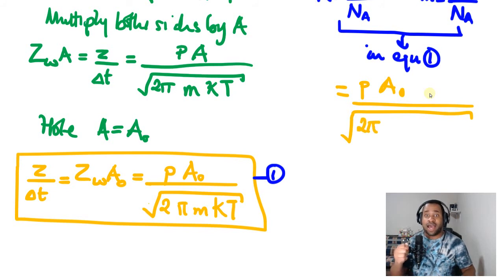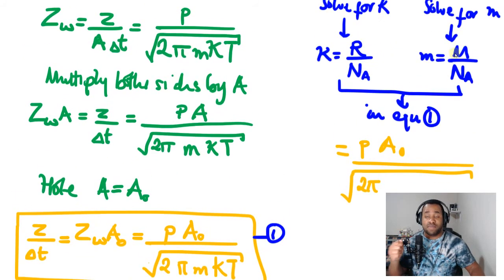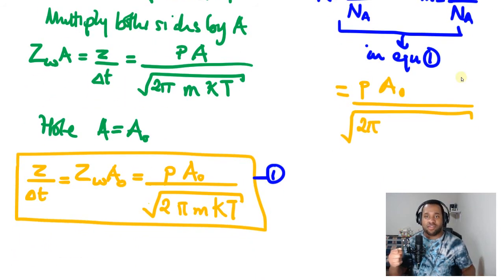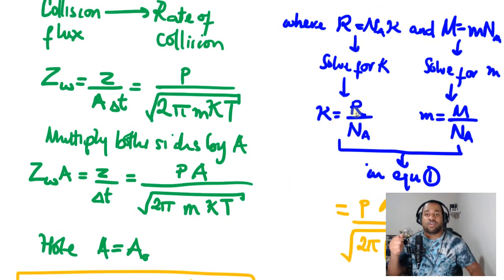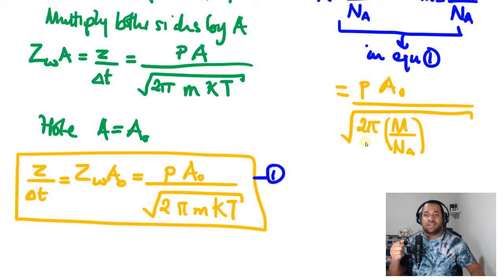Take note that our m is in this case expressed as big M, which is the molecular weight divided by the number of particles. And we know that our k, which is shown above here, which is equal to R over NA, is going to be replaced as well. So we have our R over NA, and this, take note, is multiplied by the temperature.